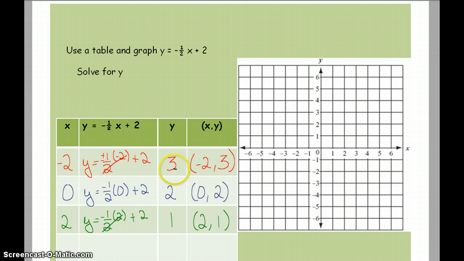Notice the pattern, 3, 2, 1. I have this pattern because I went negative 2, 0, 2 for x, so it helps me develop a nice pattern. So now, the point negative 2, 3, the point 0, 2, and the point 2, 1.